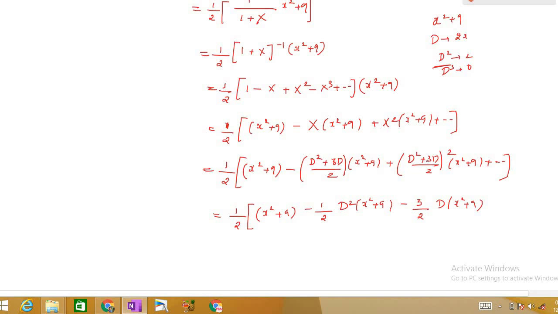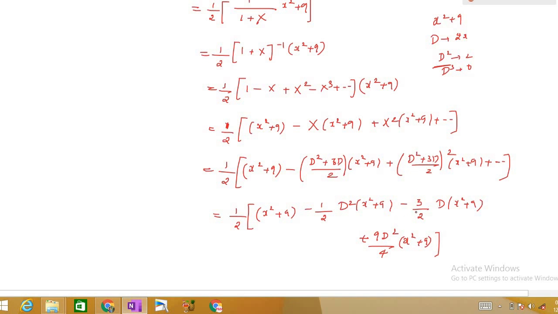And 2ab is the D cube term, so we don't write that term either. It is enough to write only the b square term. So the b square term is (3D by 2) whole square, which is 9D square by 4 into x square plus 9, right? I'm just neglecting D cube and higher terms. So we have only one D square term here, 9D square by 4.